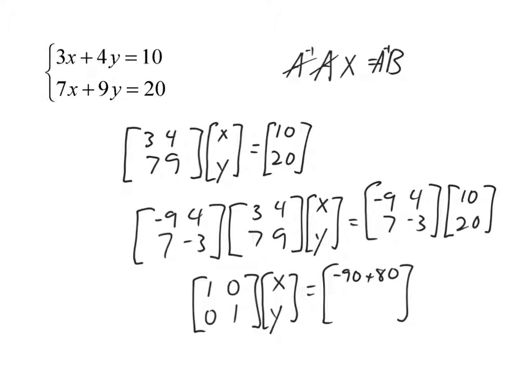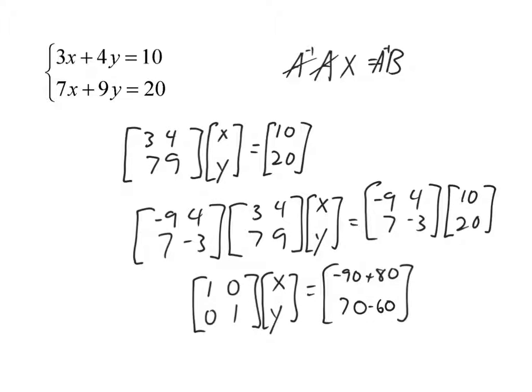And then this row by this, so 7 times 10 is 70, and then negative 3 times 20, which is negative 60.